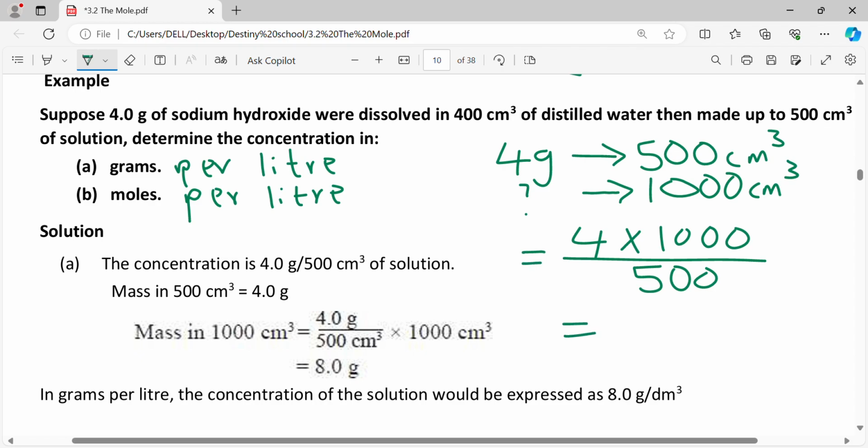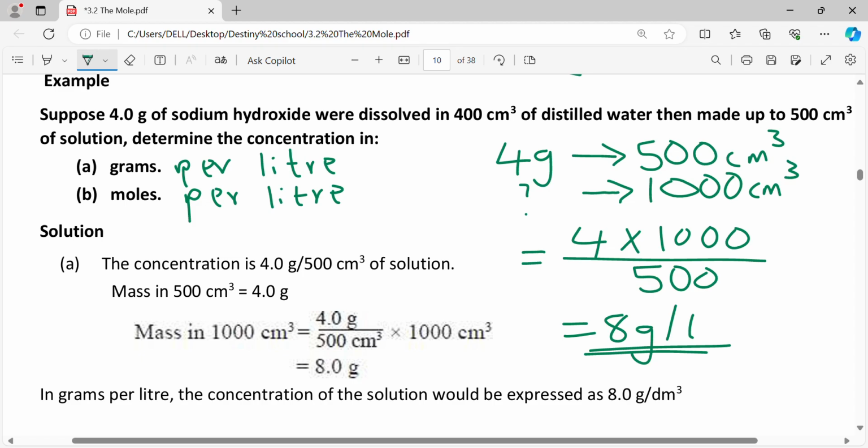If you do so, you get 8. So that will be 8 grams in 1 liter, 8 grams per liter. You can write liter as L that way, 8 grams per liter. So that is the solution for grams per liter.